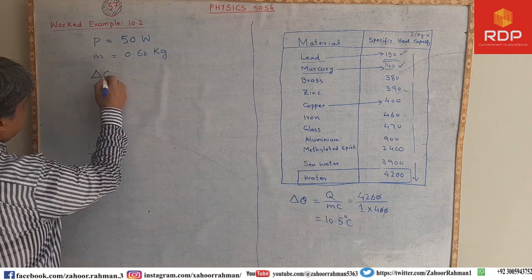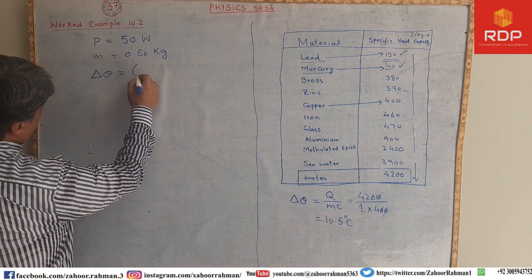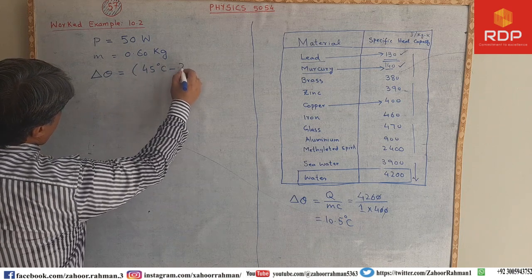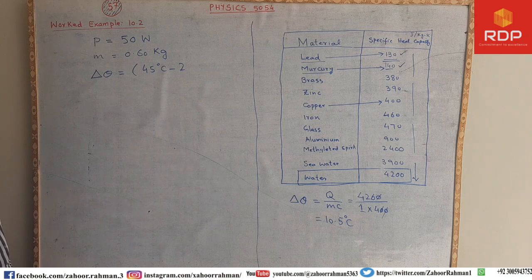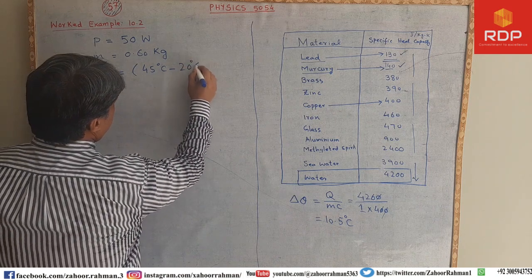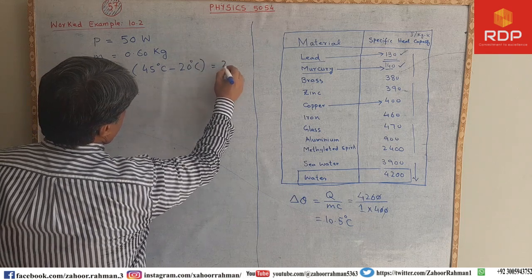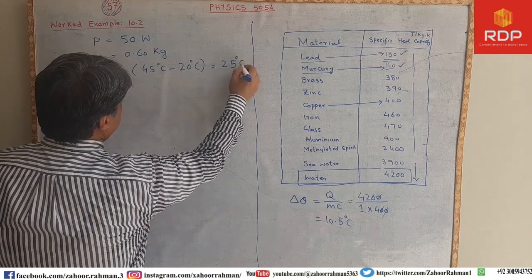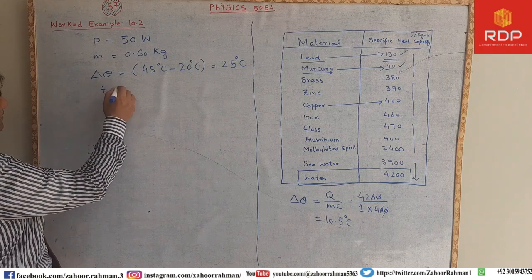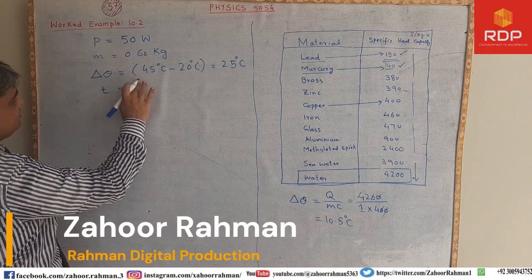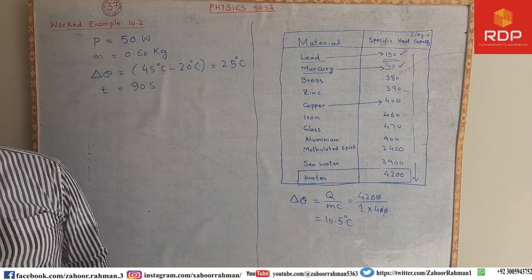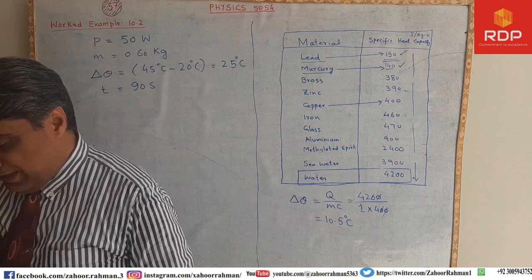So delta theta is equal to 45 degrees Celsius minus 20 degrees Celsius, which is equal to 25 degrees Celsius in 90 seconds. So t means 90 seconds. Write the data as you are facing it.